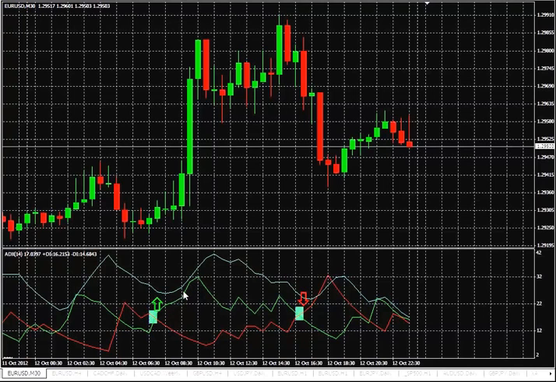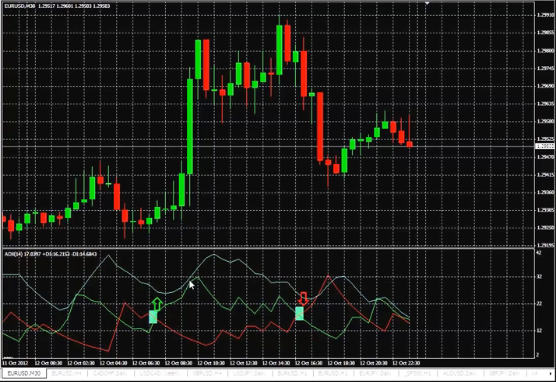I was on a very good trend, riding a very good trade, and when I noticed that it formed an angle, a knee here, I immediately closed my position.